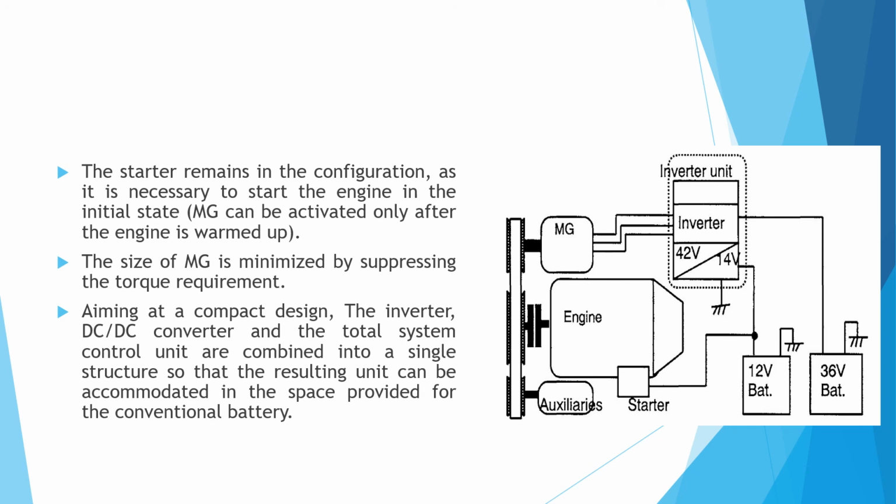The size of the motor or the generator is minimized, suppressing the torque requirement. Aiming at a compact design, the inverter, DC to DC converter and the total system control units are combined into a single structure so that the resulting unit can be accommodated in the space provided for the conventional battery.